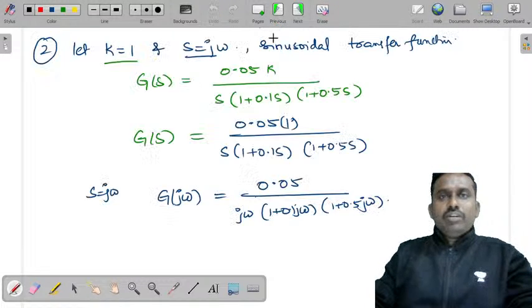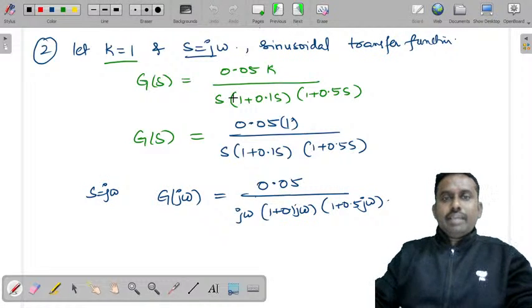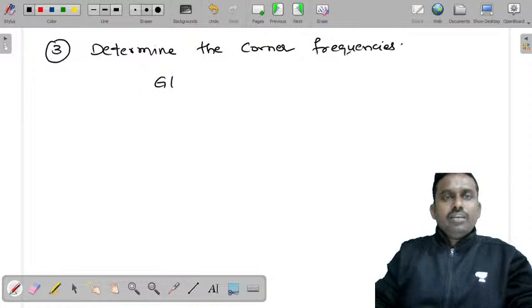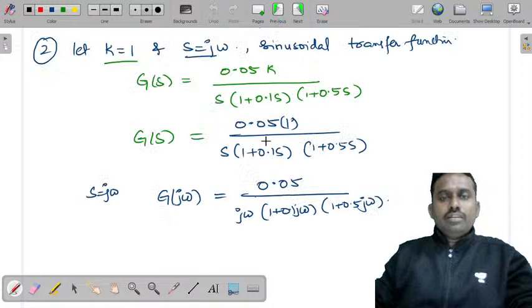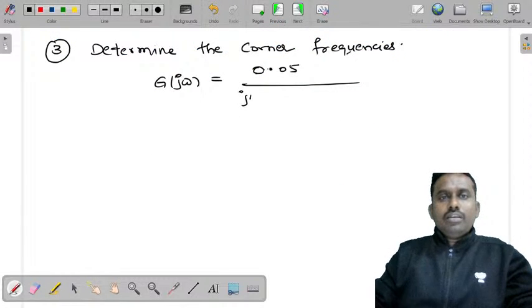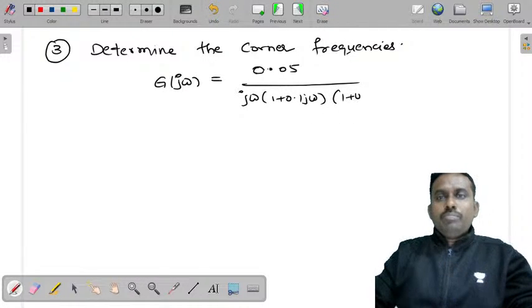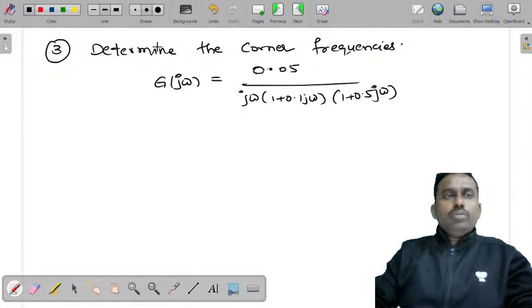While doing this, the corner frequencies must be in ascending order, so the time constants should be in descending order. So first write G(j omega) is equal to 0.05 by j omega into (1 plus 0.1 j omega) into (1 plus 0.5 j omega).